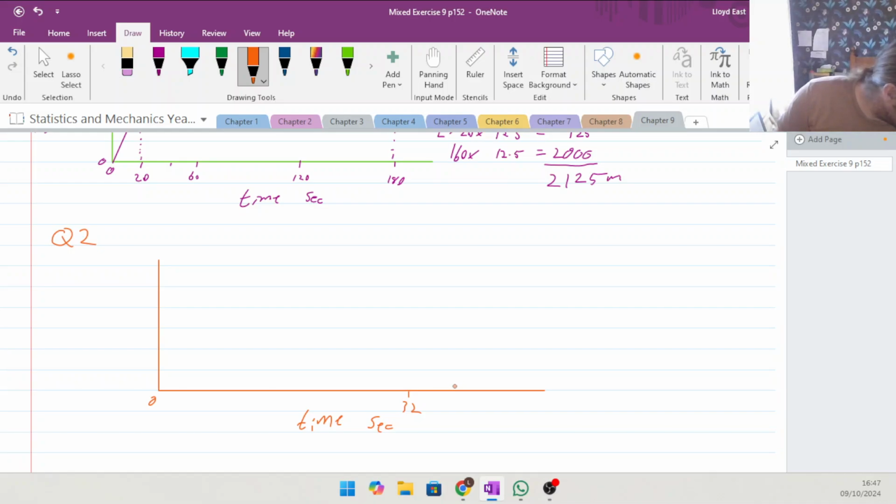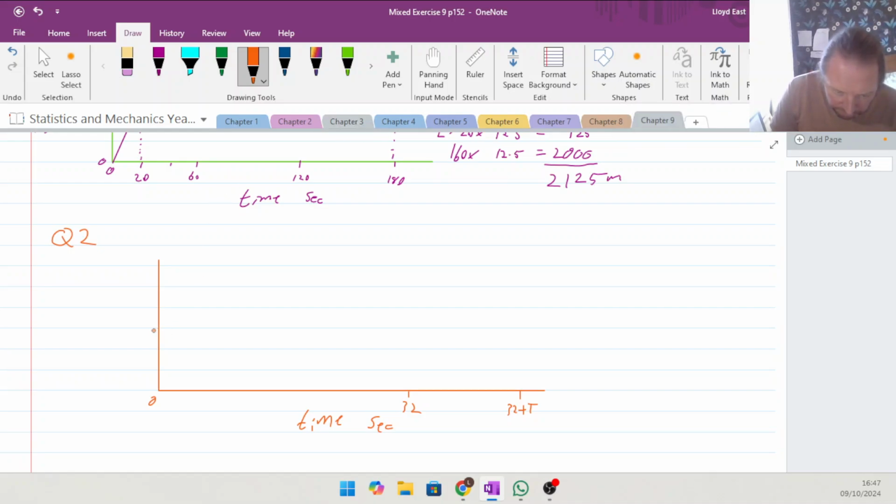And then the particle decelerates from 15 meters a second to rest in t seconds. So I guess over here we've got 32 plus t.